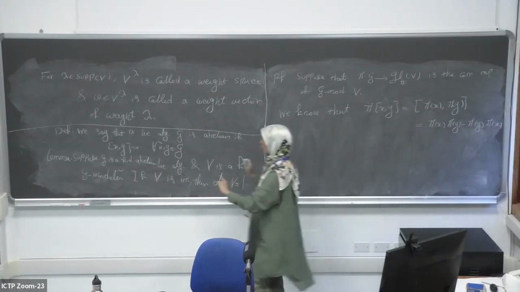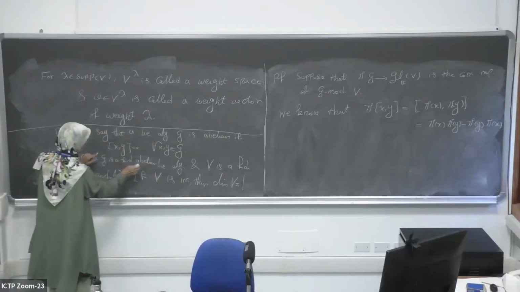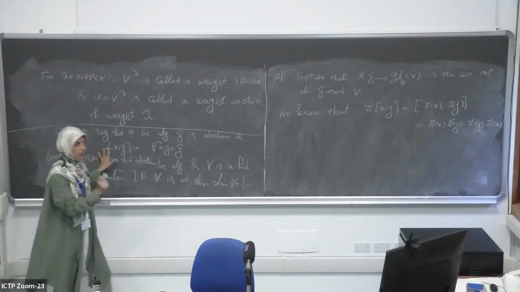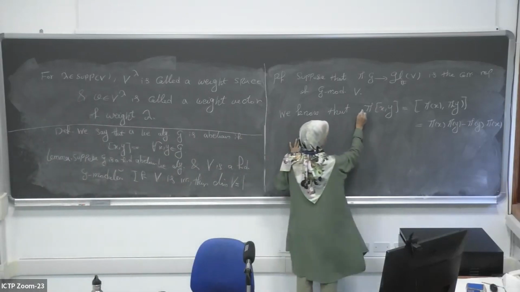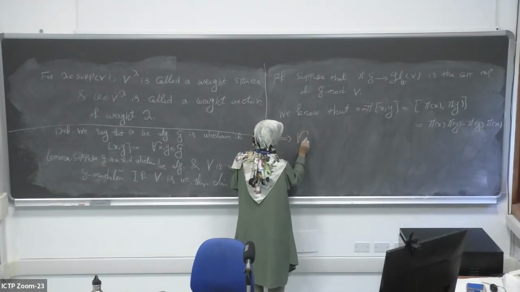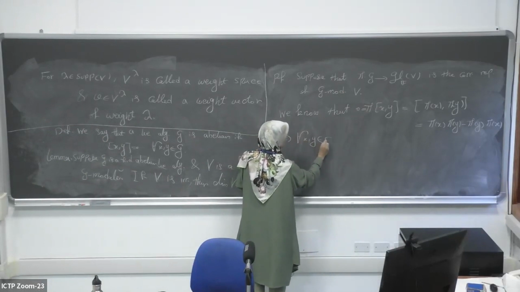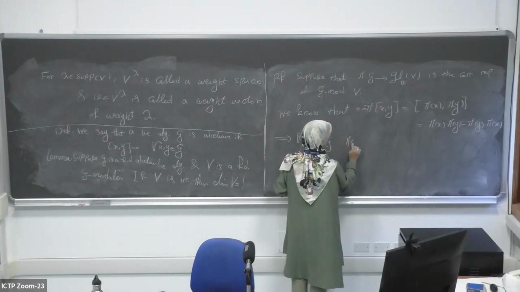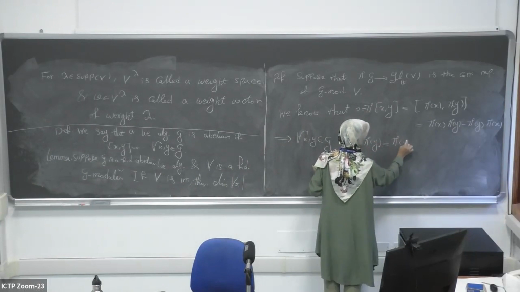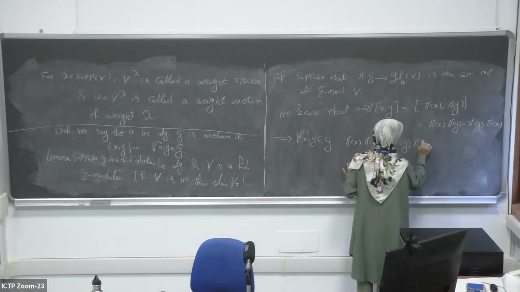But we said that G is abelian, and when G is abelian, the bracket of each two elements is 0. So the left-hand side is 0. It gives that for all x, y belonging to G, pi x pi y equals pi y pi x.